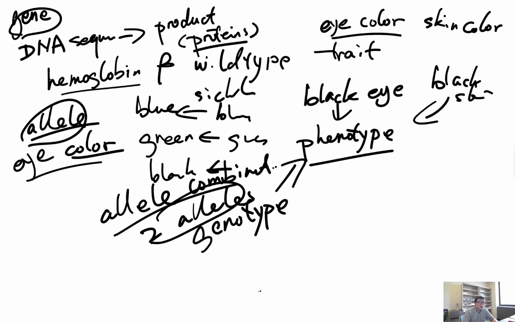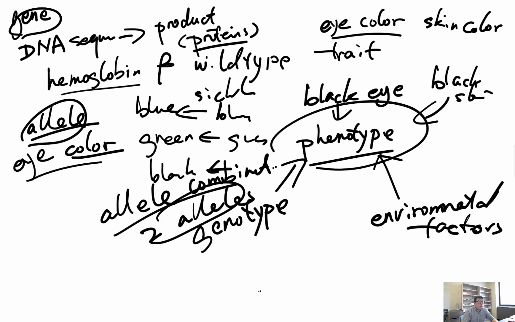Genotype affects the phenotype, but does it completely determine the phenotype? The answer is no. Two things collectively determine the phenotype. One is genotype, and the other is environmental factors.